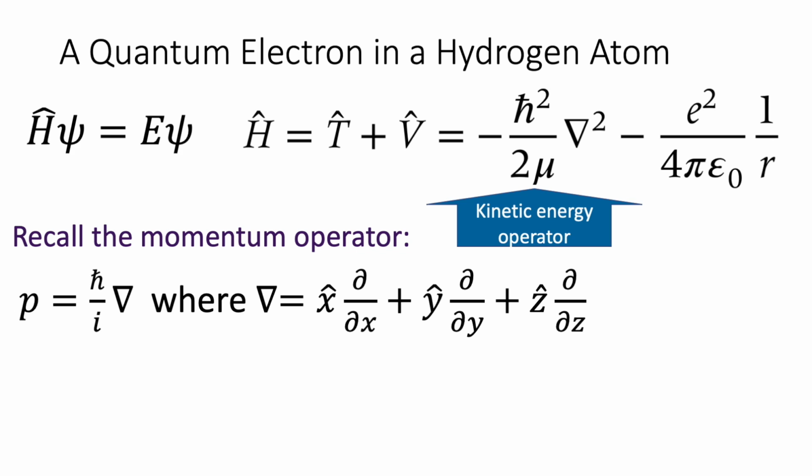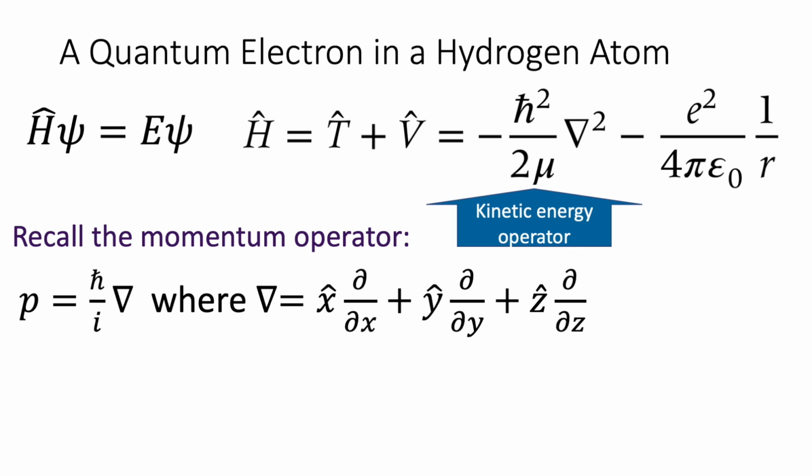Okay. And then, of course, we're defining that gradient operator rigorously here, where it's x hat times d/dx plus y hat times d/dy plus z hat times d/dz. So the x, y, and z with the hat over it, this is what we call a unit vector. If we're looking at a three-dimensional space where we have vectors with three elements, x, y, and z, the unit vector for x would be 1, 0, 0, for y would be 0, 1, 0, and for z would be 0, 0, 1.